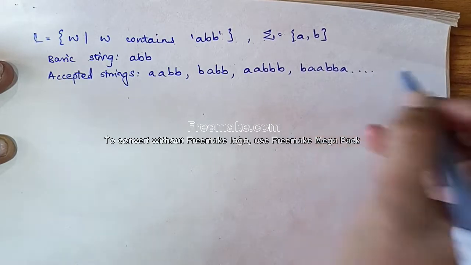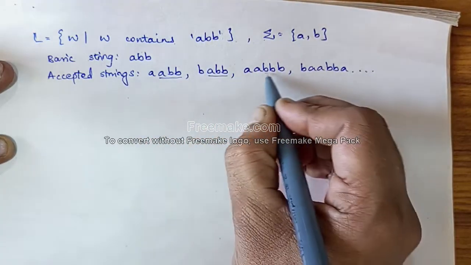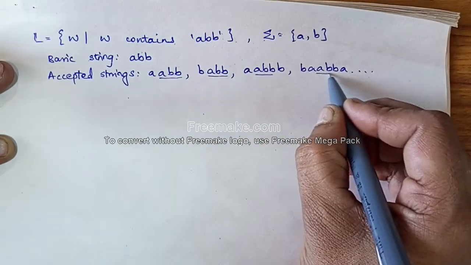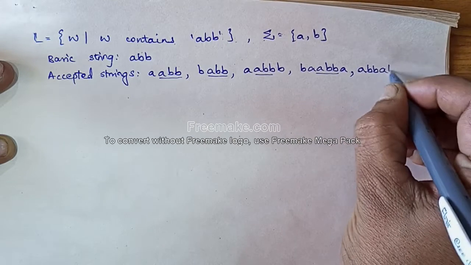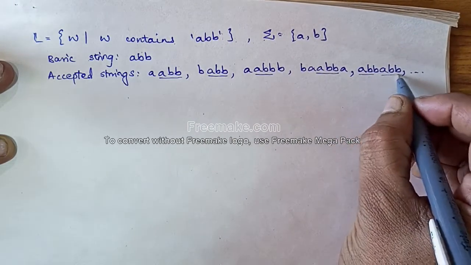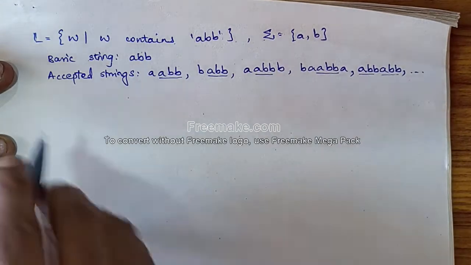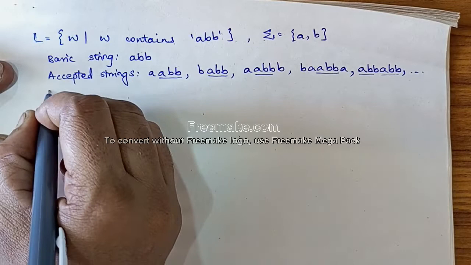So there is no restriction on anything as long as I have this substring ABB anywhere as a part of the string, it will be accepted. Even this is a valid string, right? I have ABB twice. It doesn't matter how many times I have it. As long as ABB is a part of the string, it should be accepted.